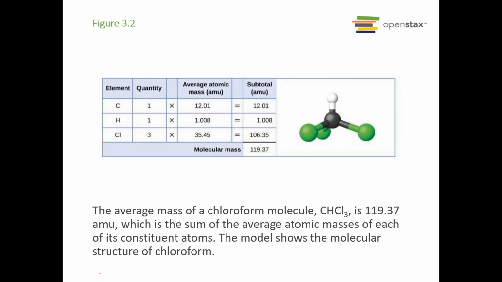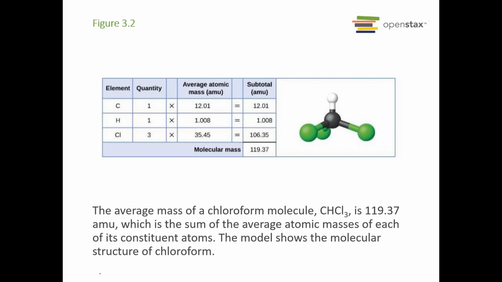So for example, if we take the compound CHCl3, we look up the average atomic mass of each of those elements. If you think back to when we talked about average atomic mass, we said that on the periodic table, the average atomic mass is listed under the element.